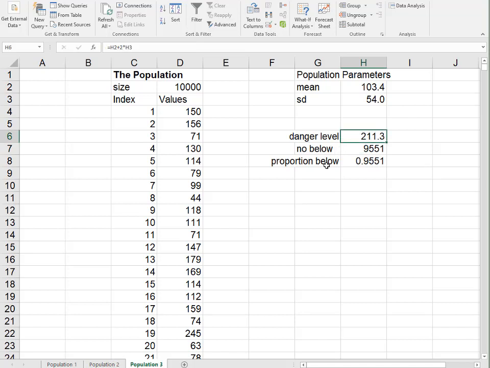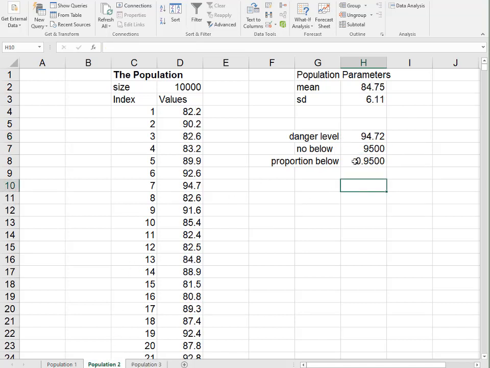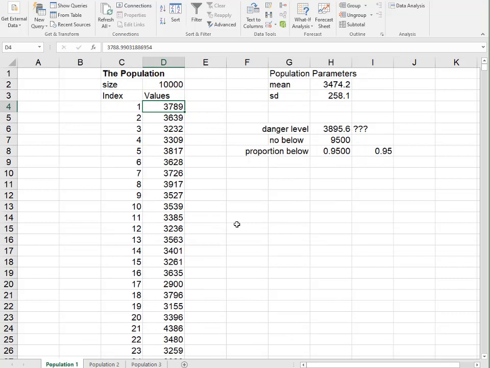I'll take the same formula to make it quicker, go to population 2, paste it in there. So you see here, this one is the mean plus 2 of those, gives me that, so that gives me 97.97% below. And then again, population 1 gives me 97.87, so it's pretty much the same.